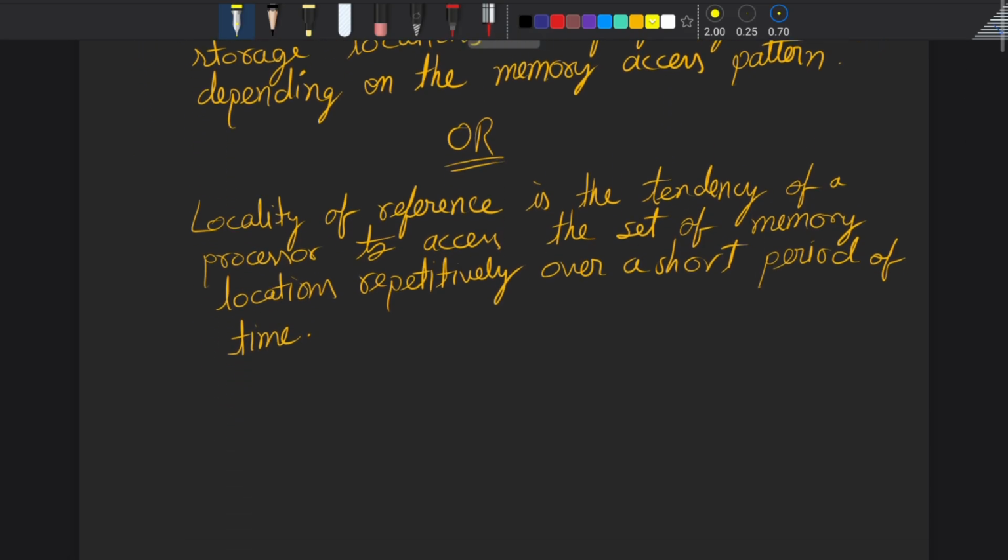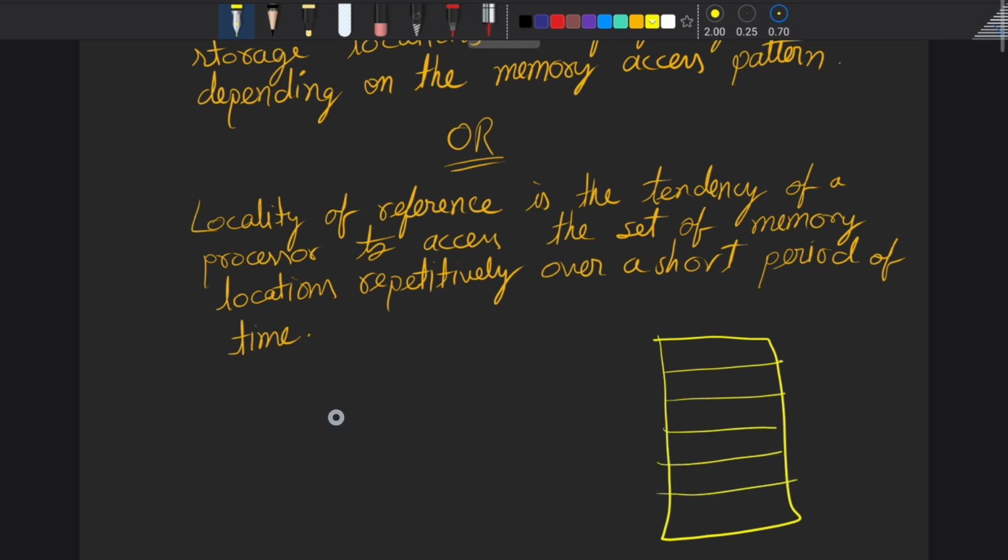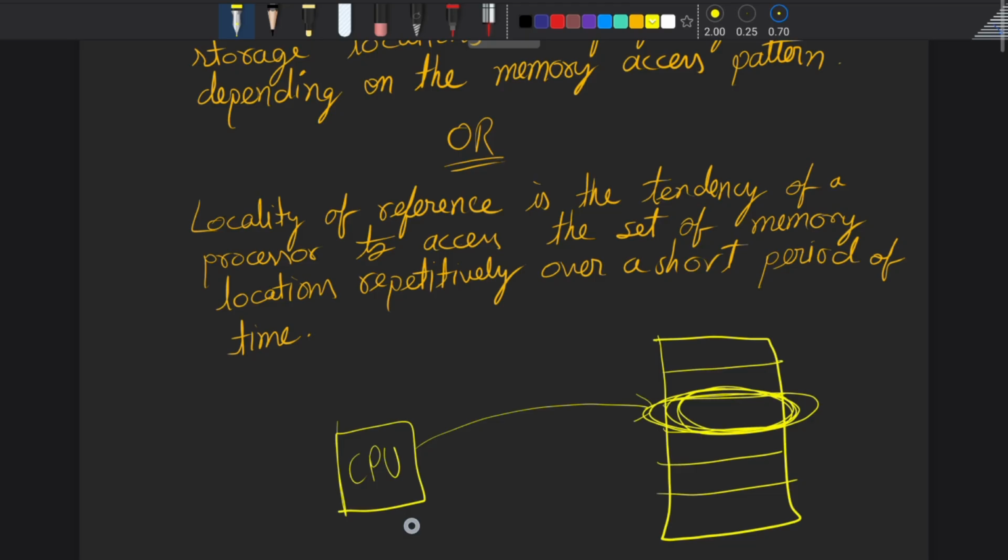For example, while we are executing a program or performing a task, here we have a memory, and while performing the task, let our CPU, here is your CPU, be frequently accessing this address or this value. As you know, the speed of CPU is quite faster than the speed of memory.